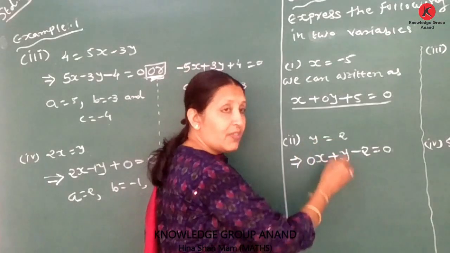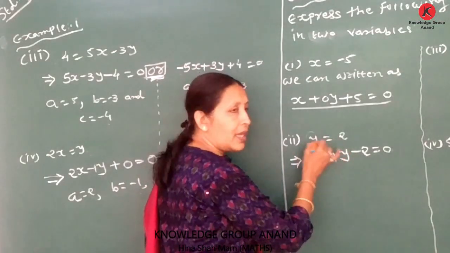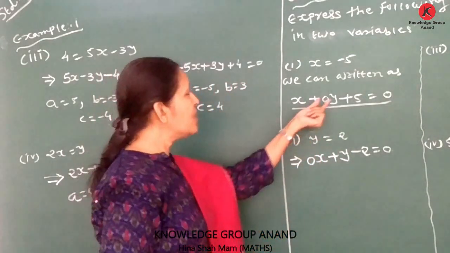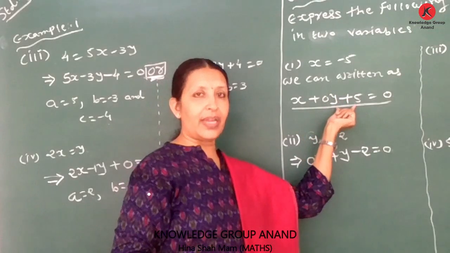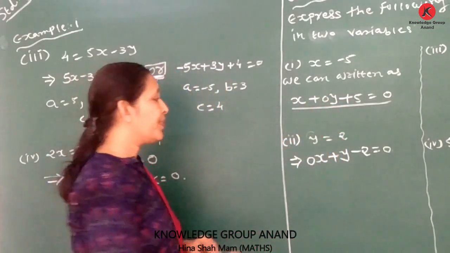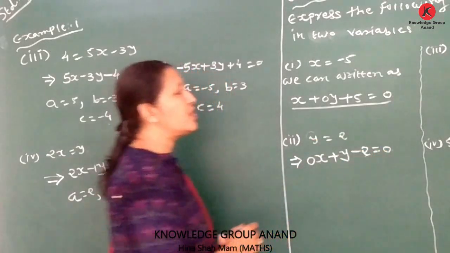If we write this equation in standard form in two variables, suppose one term does not exist, then we write 0x. If the y term does not exist, then we write 0y, because here the a or b value is 0. 0x plus y minus 2 is equal to 0.